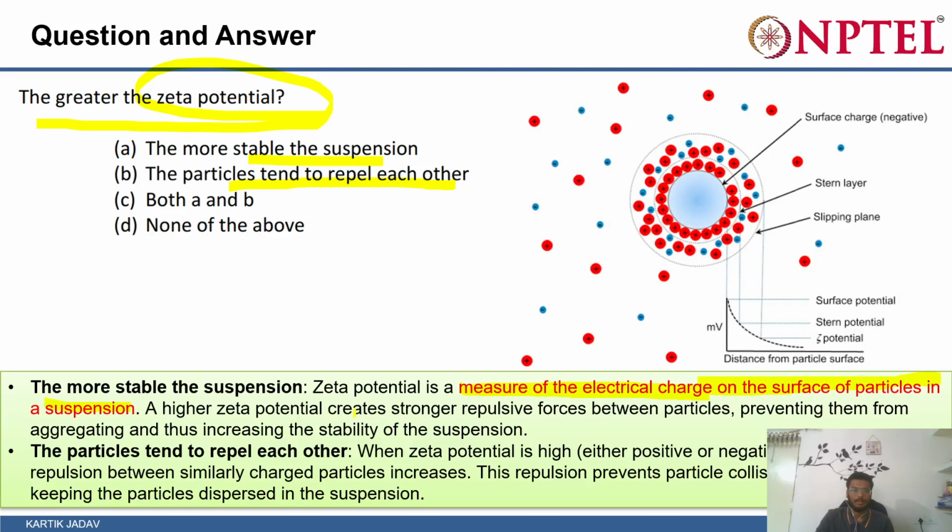A higher zeta potential creates stronger repulsive forces between particles, preventing them from aggregating and thus increasing the stability of the suspension, and particles tend to repel each other. So when zeta potential is high, either positive or negative, electrostatic repulsion between similarly charged particles increases and that prevents collision and coagulation. So the correct answer is option C.